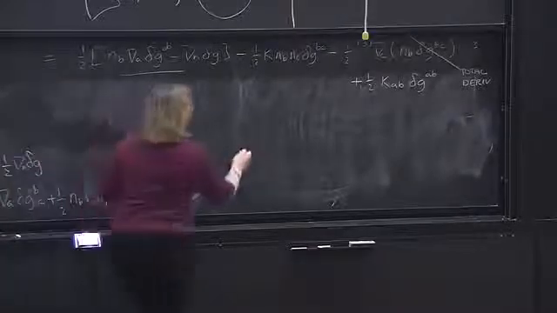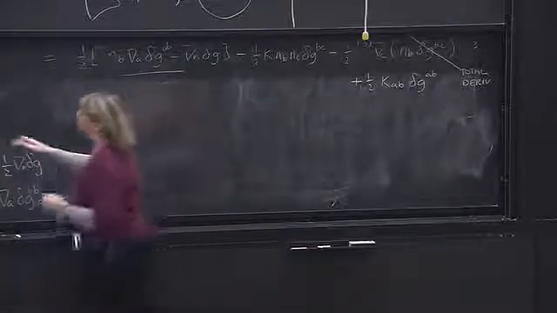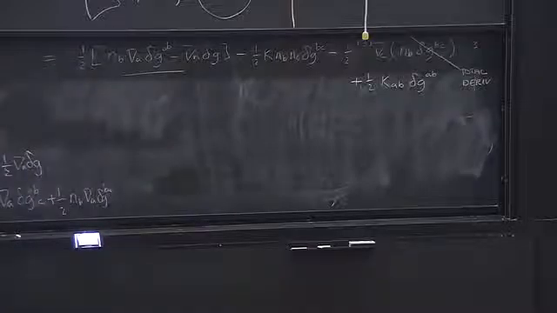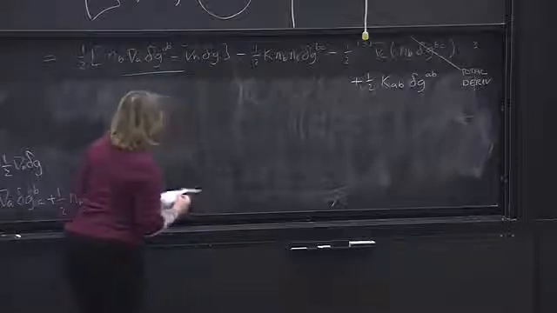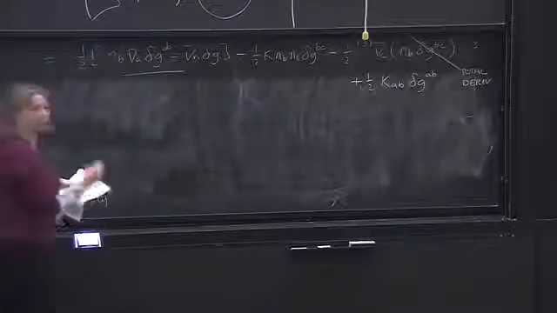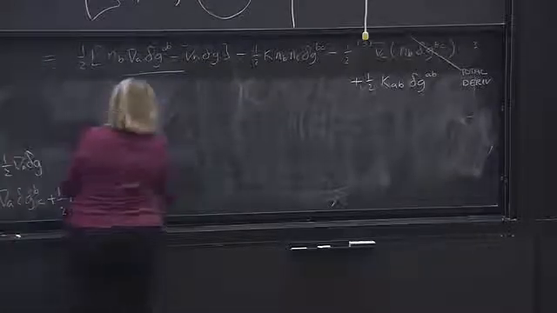I've also got to take into account the variation of root G on the boundary. And so by taking this boundary term, I end up cancelling.